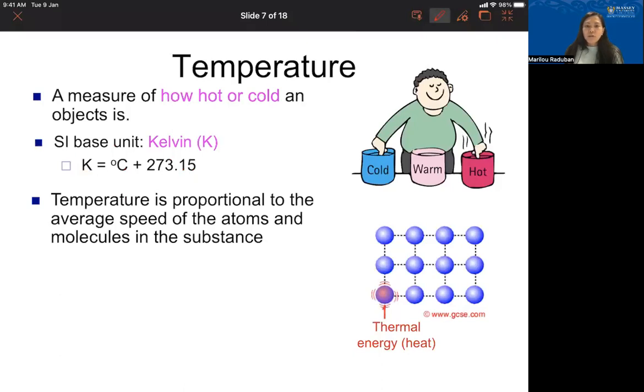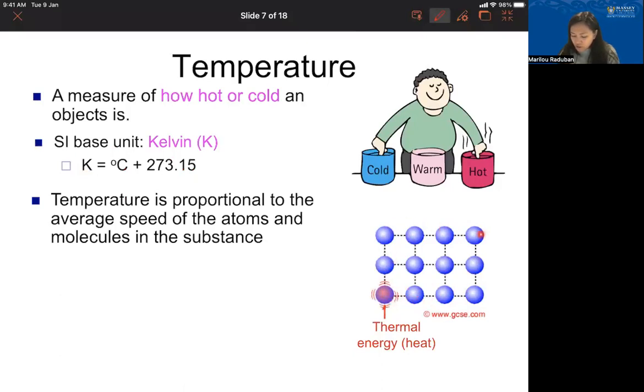Now, if we look closely into the material, like look at what's happening microscopically inside the material when its temperature changes, and we look at the atoms and the molecules in the material, as we can see in the figure here in the lower right side of the slide.